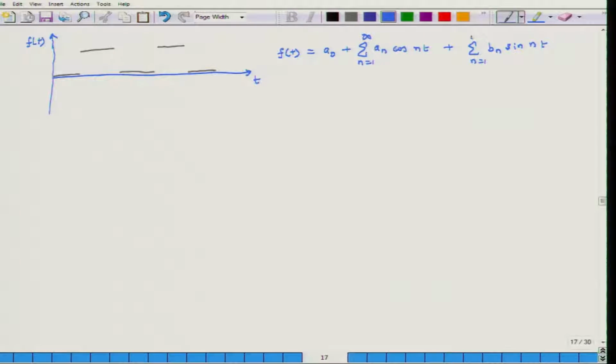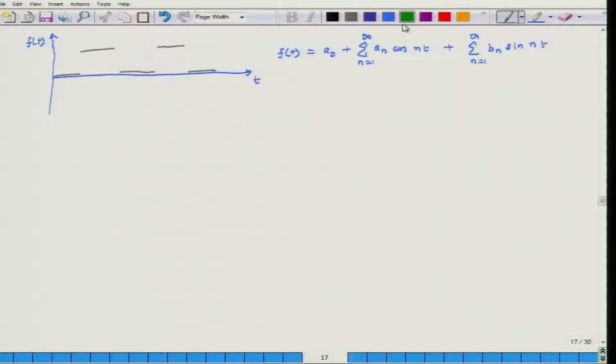So, if there is a periodic signal represented by f(t), then it can be expressed as a naught plus a sum of cosine terms plus a sum of sine terms.